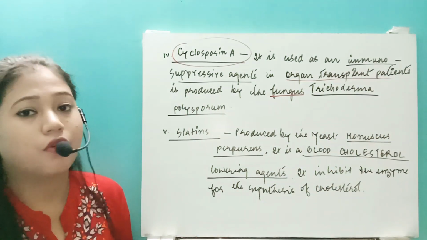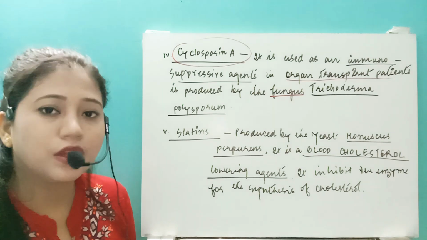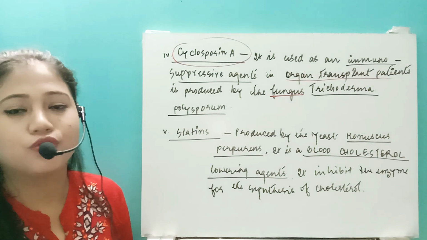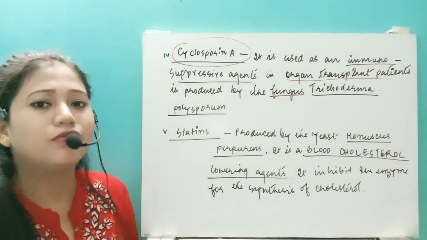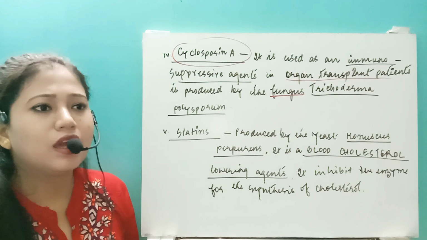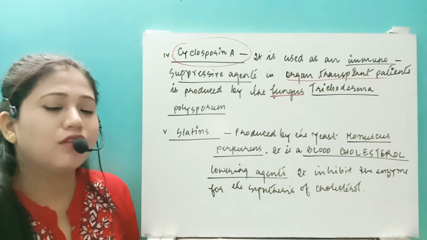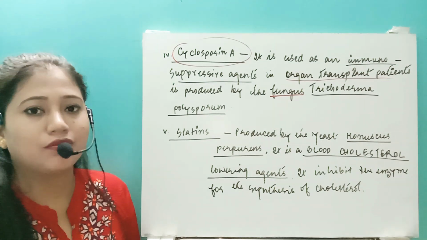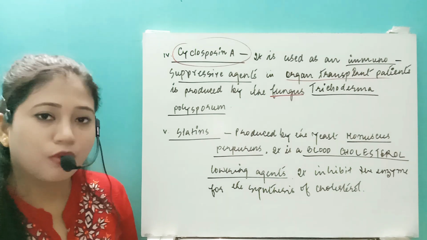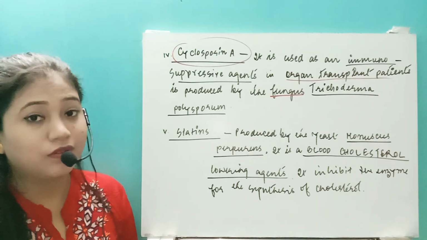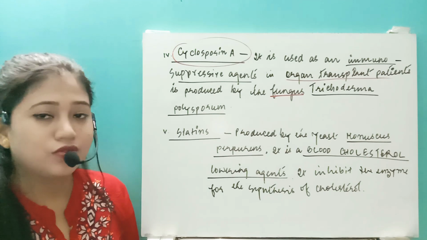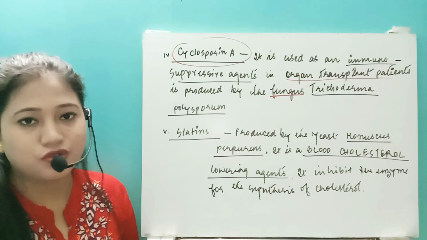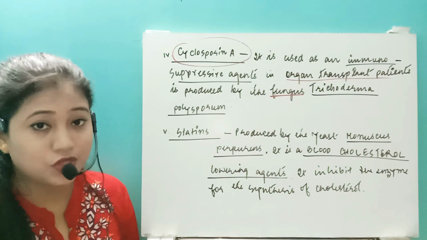For organ transplantation, suppose an individual's kidney becomes non-functioning, then he can get a kidney from a donor. After surgery, when it is implanted into the body, the immune system will find it is a foreign organ. So the immune system will do everything possible to destroy or reject that transplanted organ.